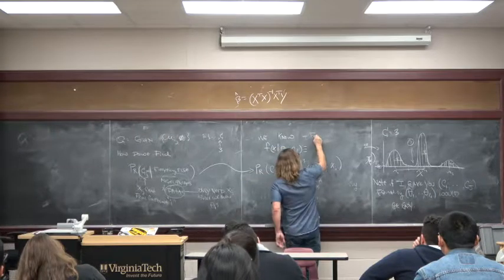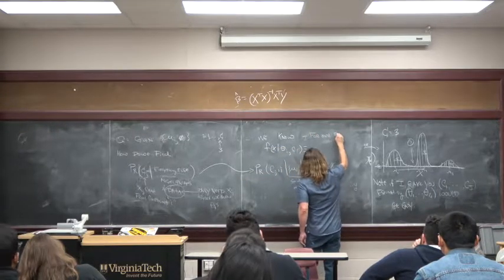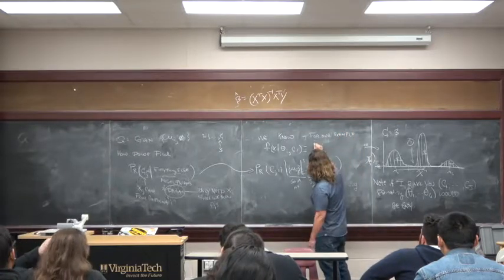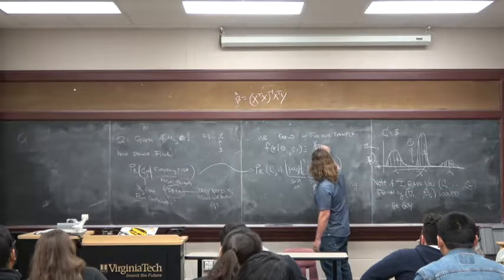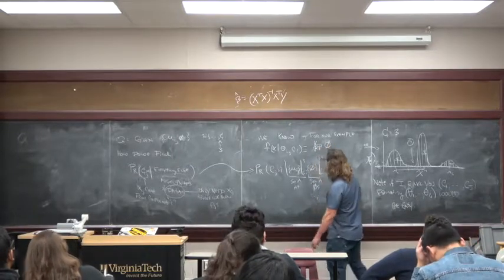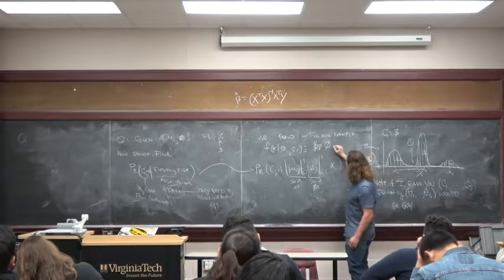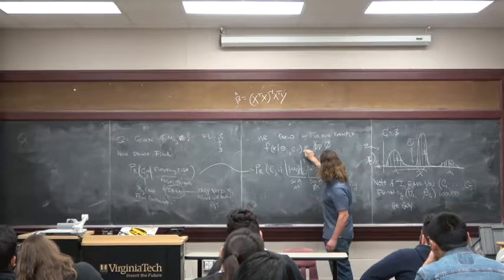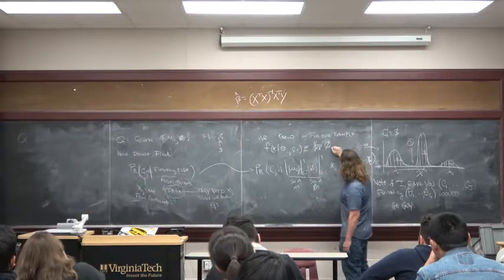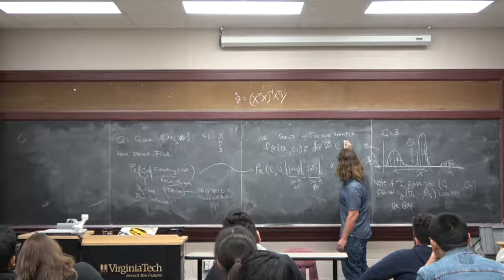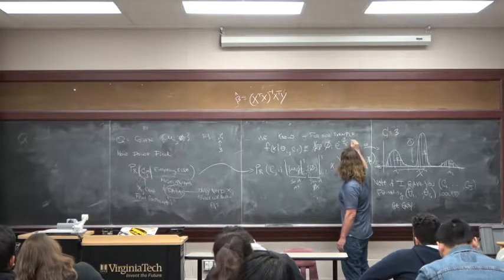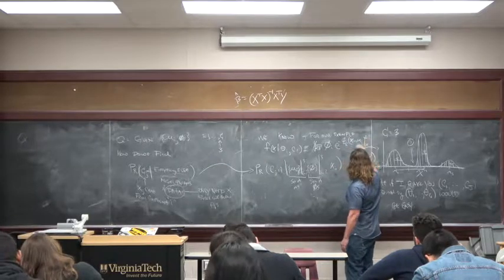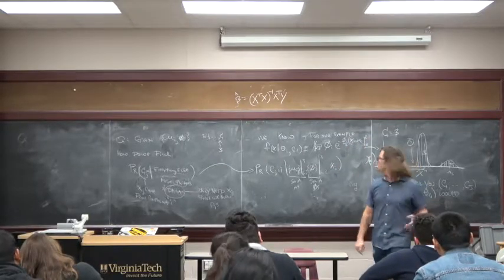So this is going to look like 1 over root 2 pi. I've got my phi for this thing. It's going to be phi i, e to the minus phi i over 2, x minus mu i squared. So that's what it is.